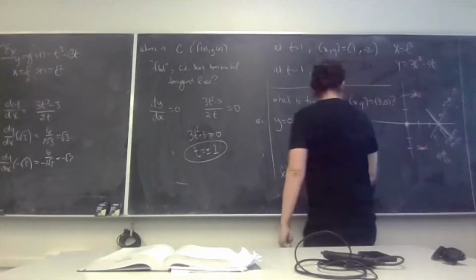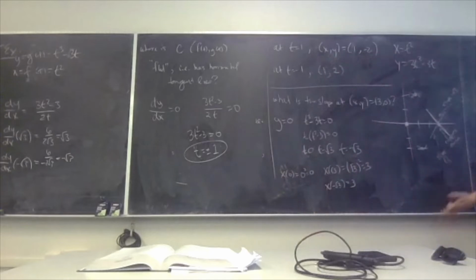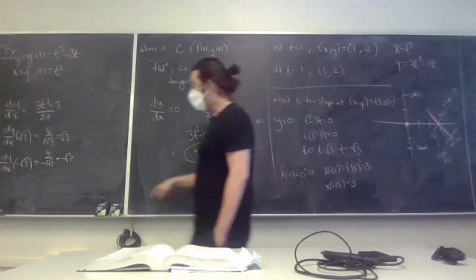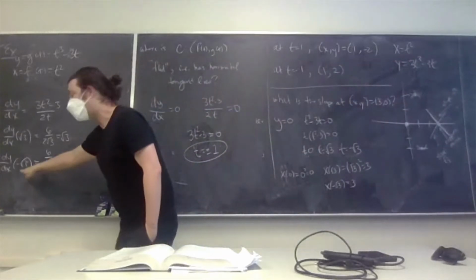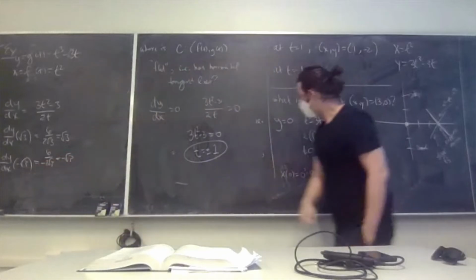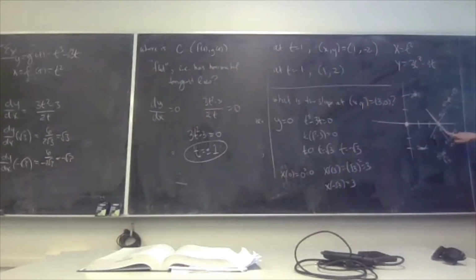Now I can actually guess right now at what this curve is doing, and I'm going to. When I'm coming down to this point as time goes, the slope has to be negative. The slope of this graph is negative when time is equal to minus root 3. And this is the negative slope line right here. So I think this is what's happening.